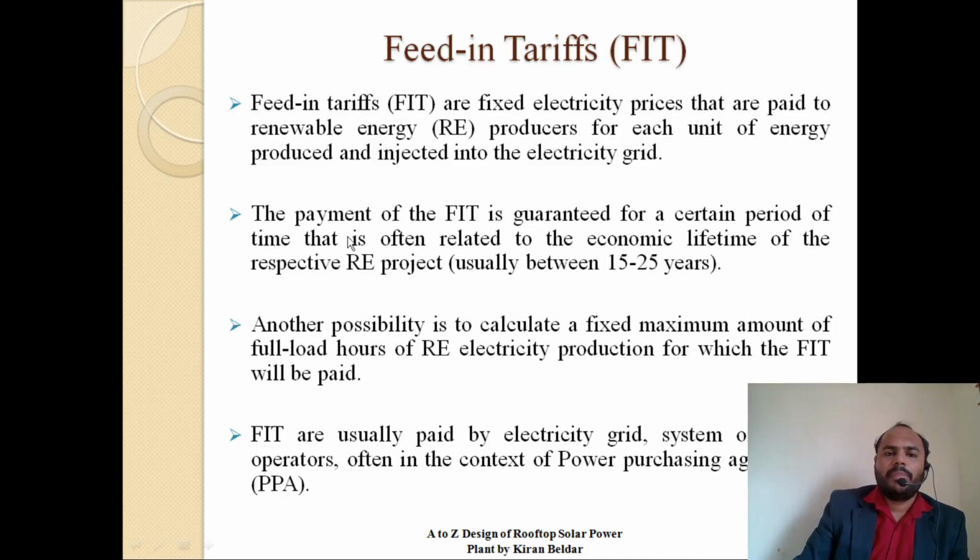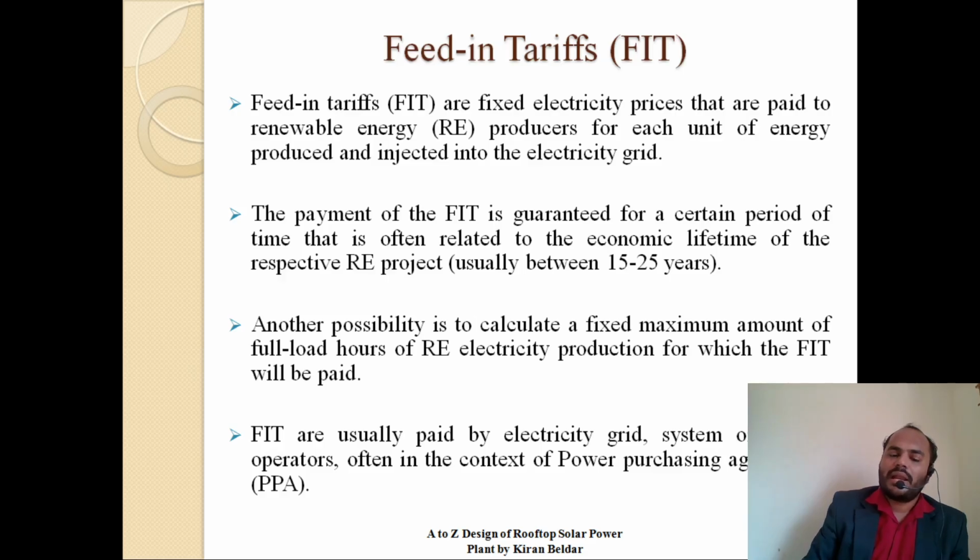Second point, the payment of the feed-in tariff is guaranteed for a certain period of time that is often related to the economic lifetime of a respective renewable energy project, usually between 15 to 25 years. There is a contract signed between the rooftop owner and the discom companies, which are the electricity distribution companies.